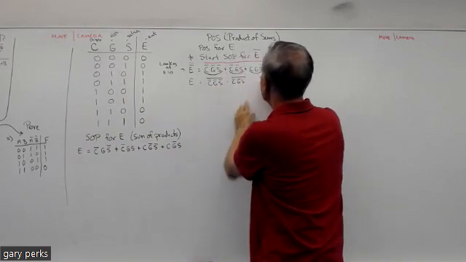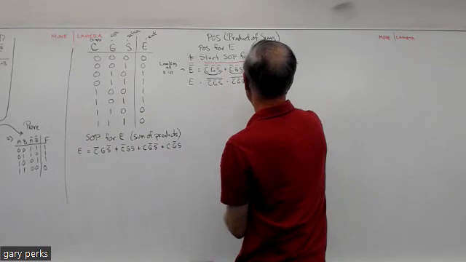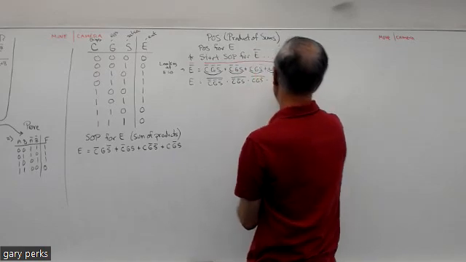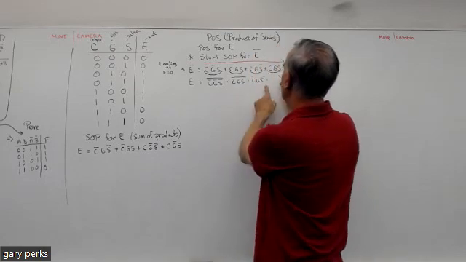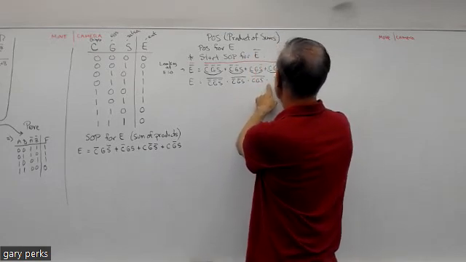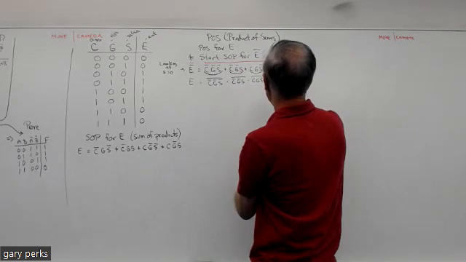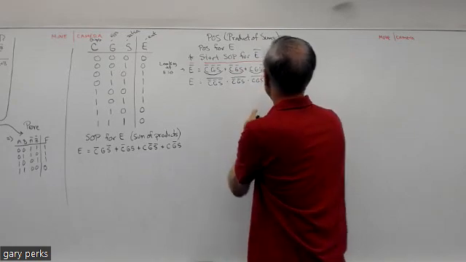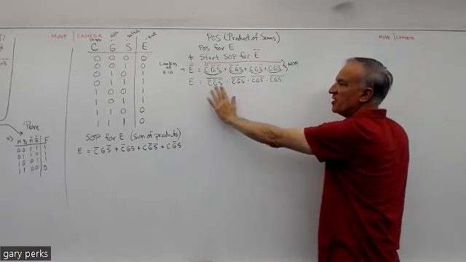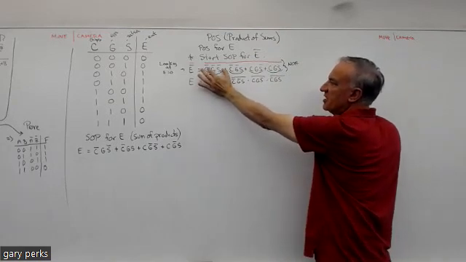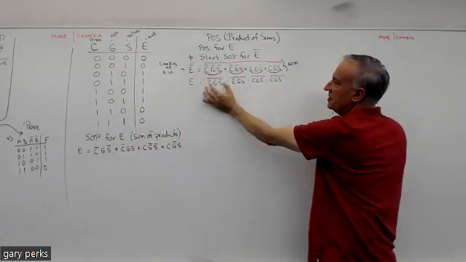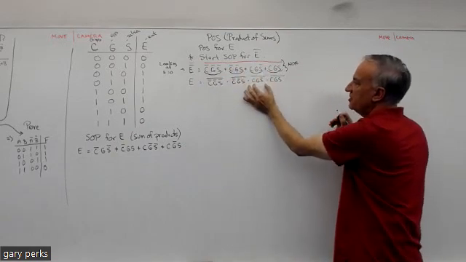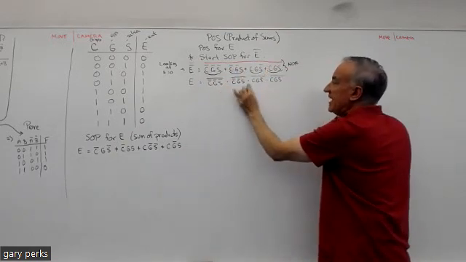Let's see, lost track. So keep an eye on me. If I make a mistake, let me know. So you see what I'm doing here? I'm taking each combination because each combination is an input and I'm inverting it. So I took this combination, inverted it, this combination, inverted it, this combination, inverted it, this combination, inverted it, and then we're ANDing them together.